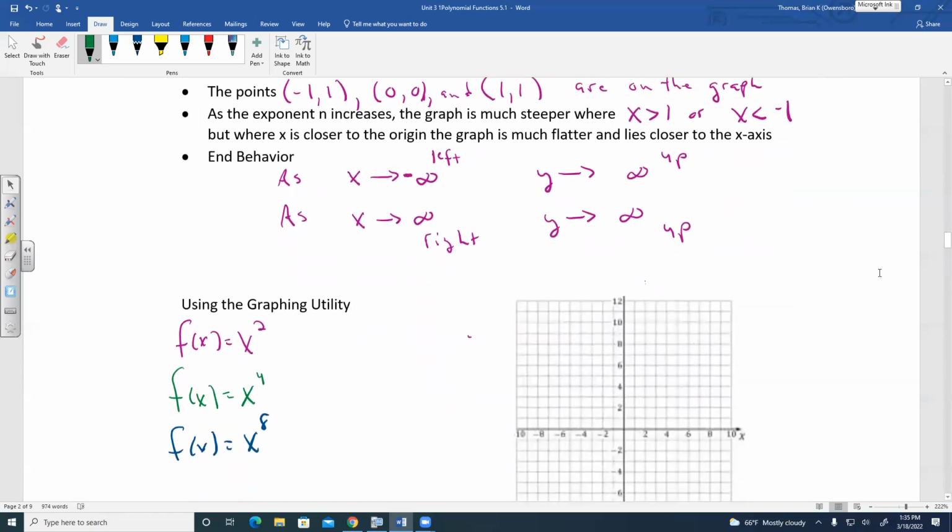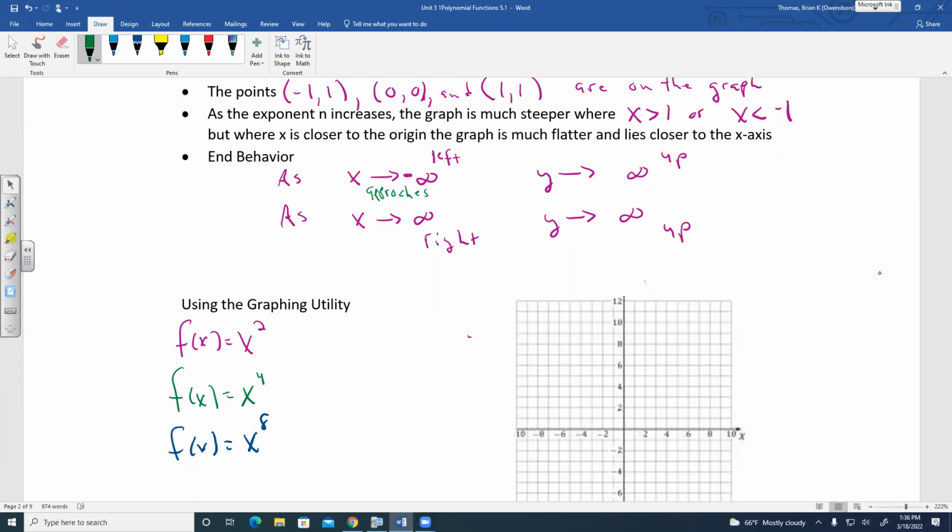The end behavior, and again, we're using some fancy notation here, but what this reads is: as x approaches negative infinity, where this arrow means approaches, as x gets further and further to the left, the y values will be approaching infinity.